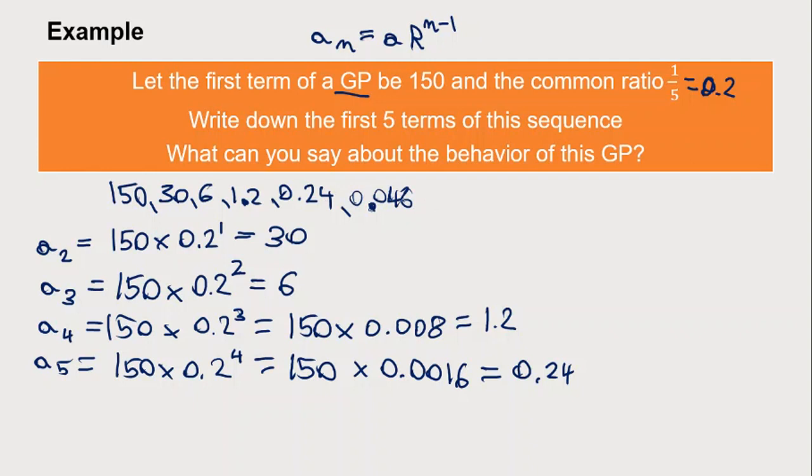So it gets even smaller. What we can say, as we have learned previously, is that the limit of this geometric progression as n goes to infinity is 0. It gets smaller and smaller until it is infinitesimally close to the value of 0.